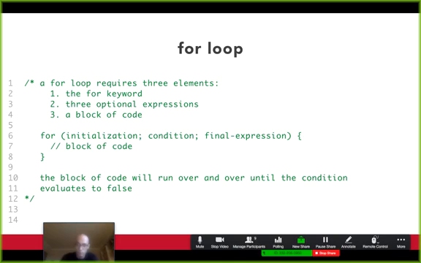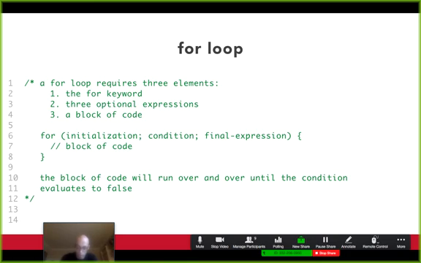For the third part, the final expression, when we were talking about the while loop, we kind of relied on the user to be smart and know, hey, you want to edit your conditional within the body of your while loop so that eventually it gradually becomes false. The for loop is just a little bit more explicit than that.